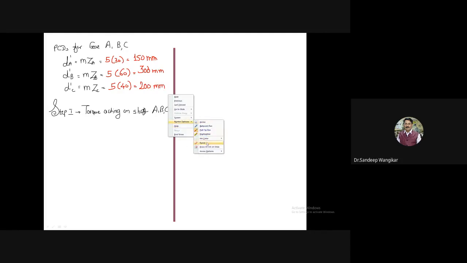Now we will move to step number 1. We have calculated diameters.